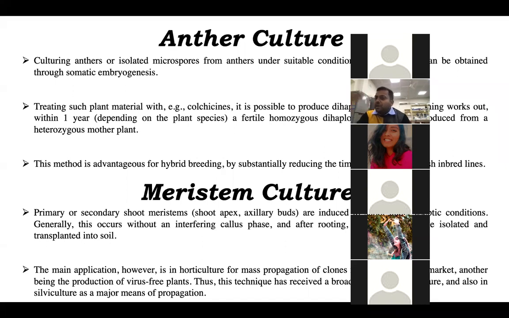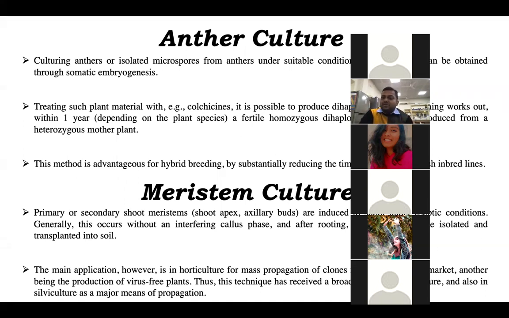We take the shoot tip and we start the meristem culture, and that leads to the development of a virus free plant. This is especially used in horticulture for plant species that are not grown in native conditions. I gave the example that if you bring a plant species which is acclimatized to the cold conditions of the north into, say, the area of Rajasthan, it won't grow.